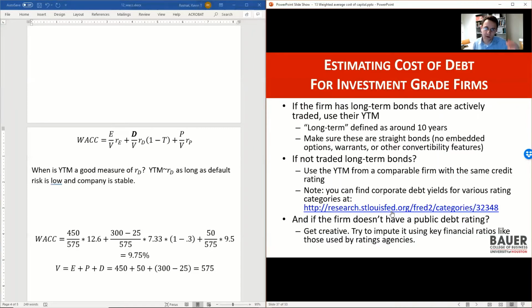They look at very, very safe debts and see what the yield is there, and they look at slightly riskier debt and see what the yields are there. You can use that to infer what the yield would be on your debt, even if your debt is not trading. And then finally, if it doesn't have a public debt rating, then you have to get even more creative and back it out. But for our purposes, we're always going to have a yield to maturity when we're doing the WACC because these are going to be stable companies.